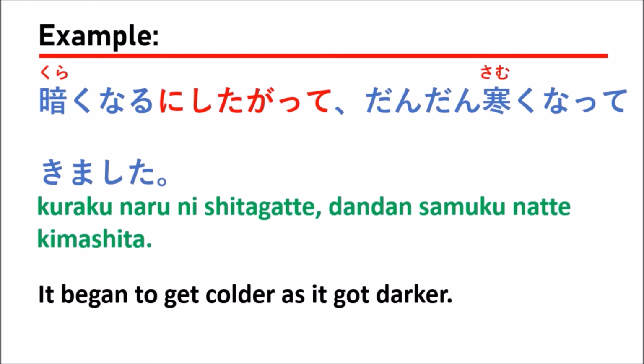So kuraku naru nishitagatte means according to becoming dark, right? Kuraku means dark. According to becoming darker, something like this. だんだん寒くなってきました means it is slowly becoming colder, right? So for this sentence, we use the verb in the dictionary form with nishitagatte.